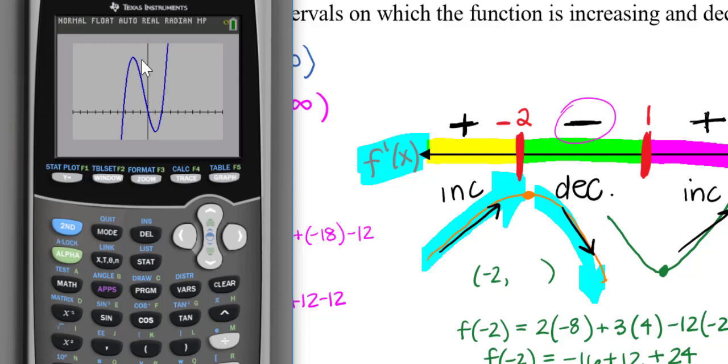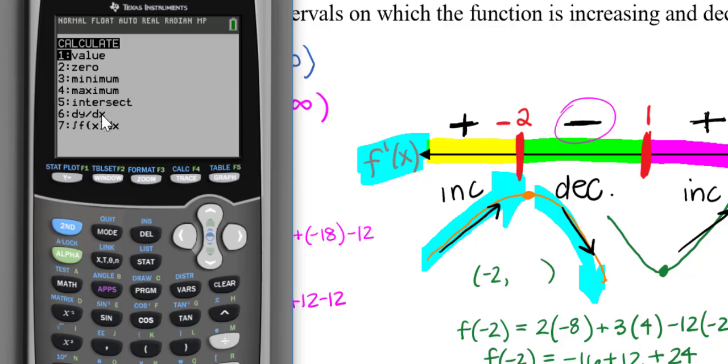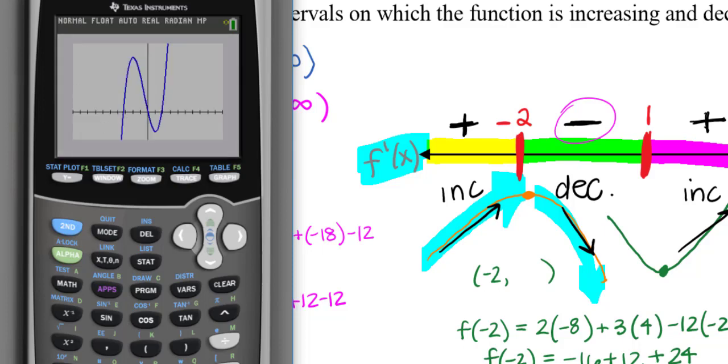That's up to you. So I can see I have a relative maximum turning point at the value x equals -2, 20, and I could calculate that. You could also calculate your maximum and minimum there, but I think I know where it is. So I'm going to say, what is my value when x is -2? My y value is 20, and it puts my cursor right on that point. So that looks really good.